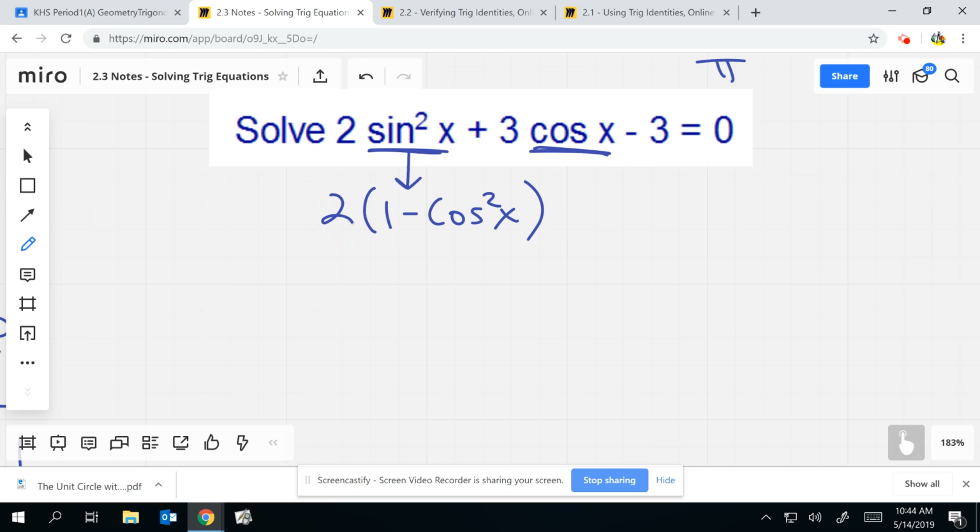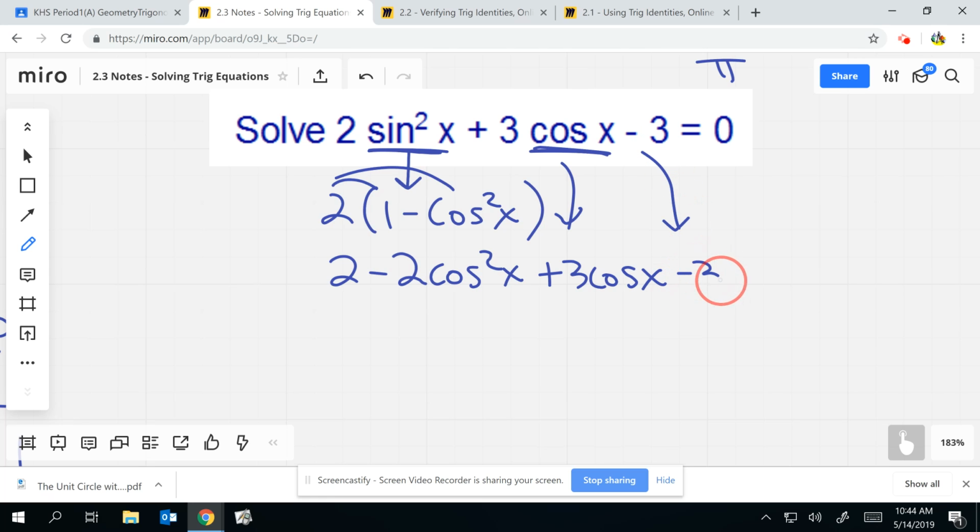Bring down your 2 in front of that, and you're going to distribute that. So 2 minus 2 cosine squared x. Bring down your plus 3. And bring down your minus 3.